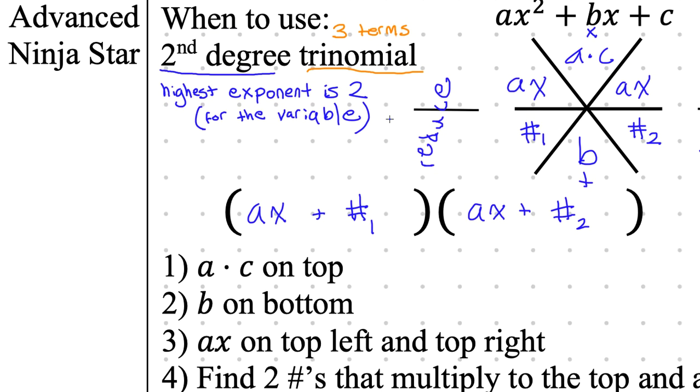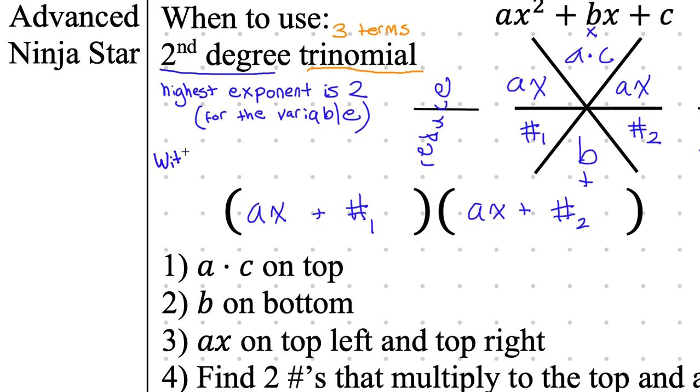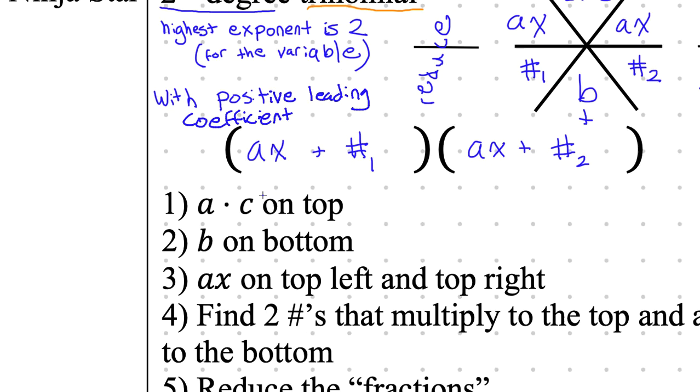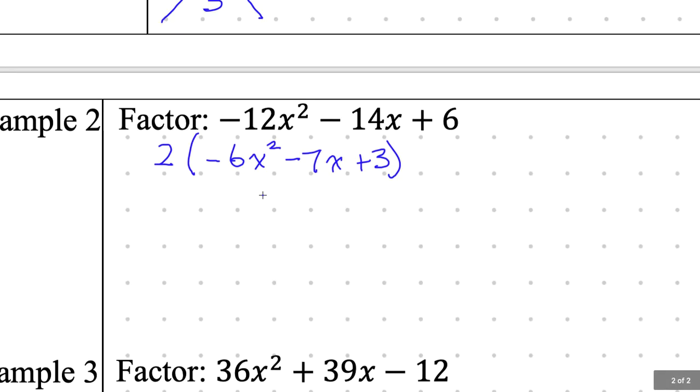I really need to change these notes to say second degree trinomial with positive leading coefficient. So you need to make it a positive. So if I come back down here, right now I have a leading coefficient that is negative.